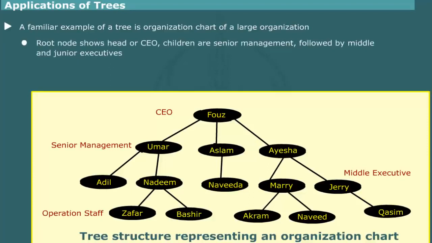The children of the root are usually the senior management, which are followed by middle or junior executives. The line or operation level staff are generally exhibited at the leaf nodes. By systematically scanning the tree, from top to bottom, we can list all positions at different levels in the organization.